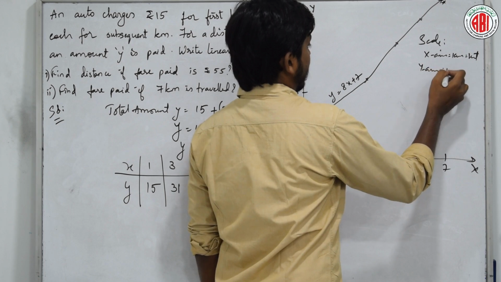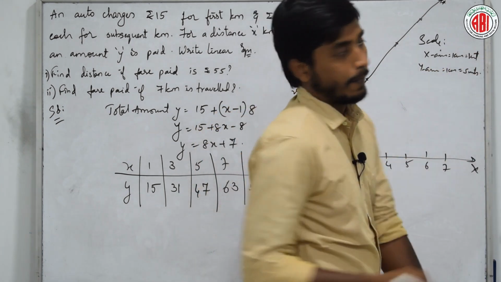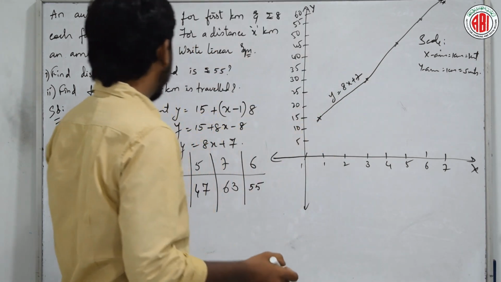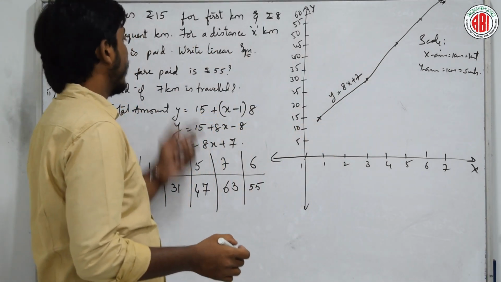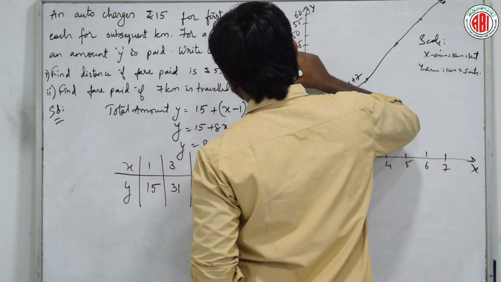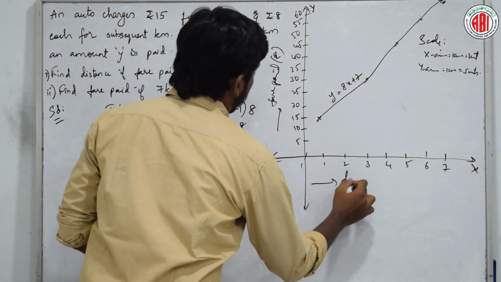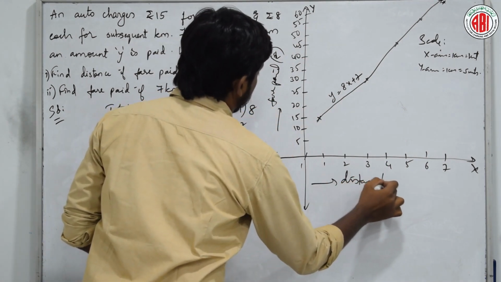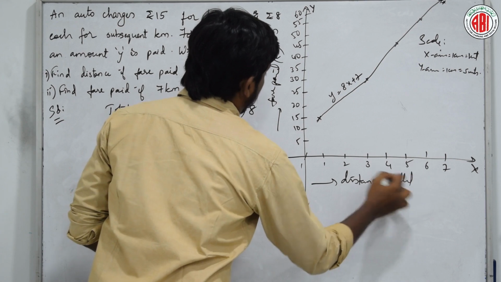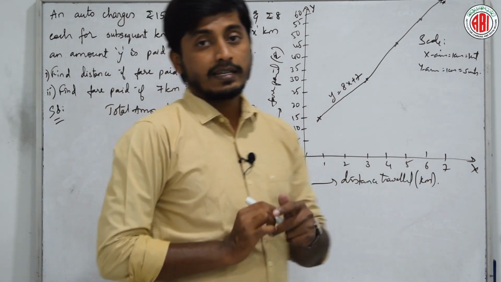On the y axis, 1 centimeter equals 5 units. It's better you represent this also. What is y? y is the fare paid in rupees. What is the x axis? Distance travelled in kilometers. Is it clear?